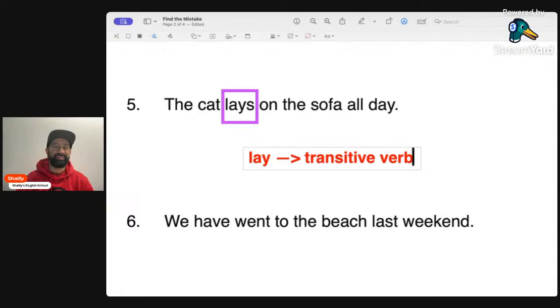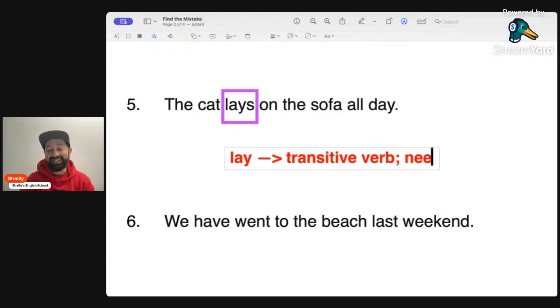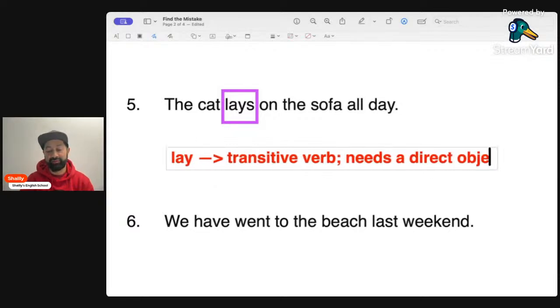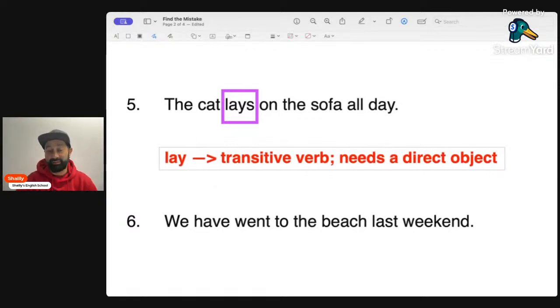That's just a fancy grammar name, so don't worry about remembering that. But all I want you to remember is that lay needs a direct object.